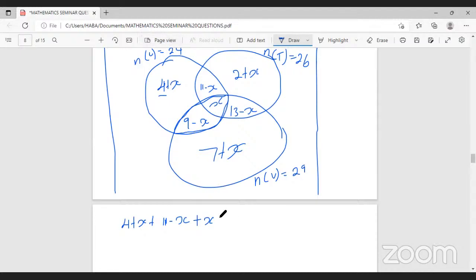So we add: 4 plus x plus 11 minus x plus 9 minus x plus 7 plus x plus 13 minus x plus 2 plus x equals 50. Then I'll collect like terms. I'll look out for only the values first. I'll add 4 plus 11 plus 9 plus 7 plus 13 plus 2.